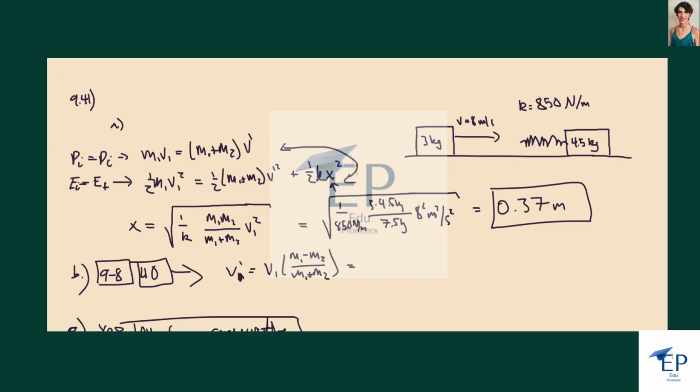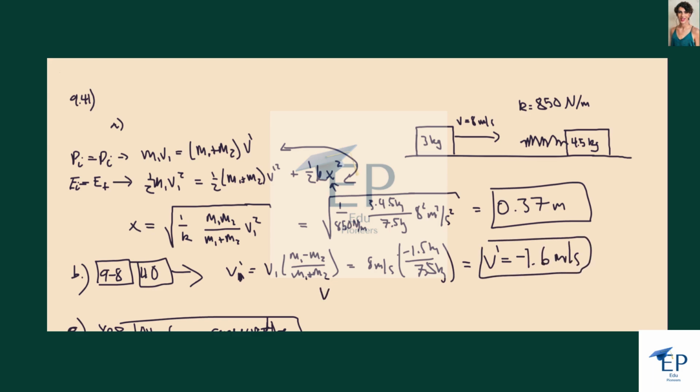So let's find that out. This is 8 meters per second times negative 1.5 kilograms over 7.5 kilograms. So we get a final velocity for V1 prime of negative 1.6 meters per second.